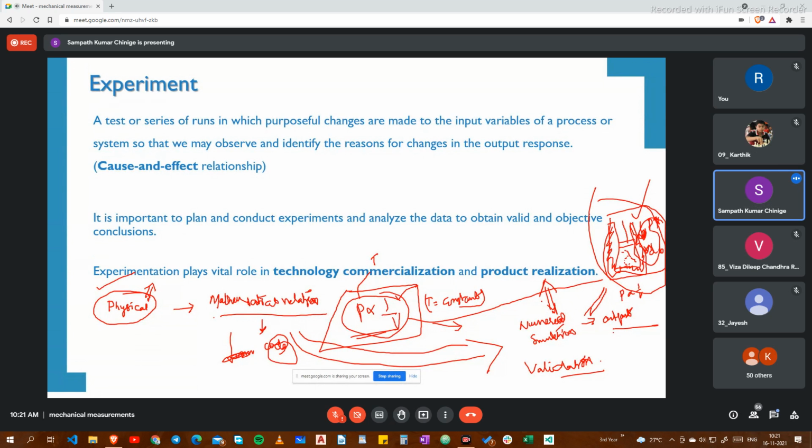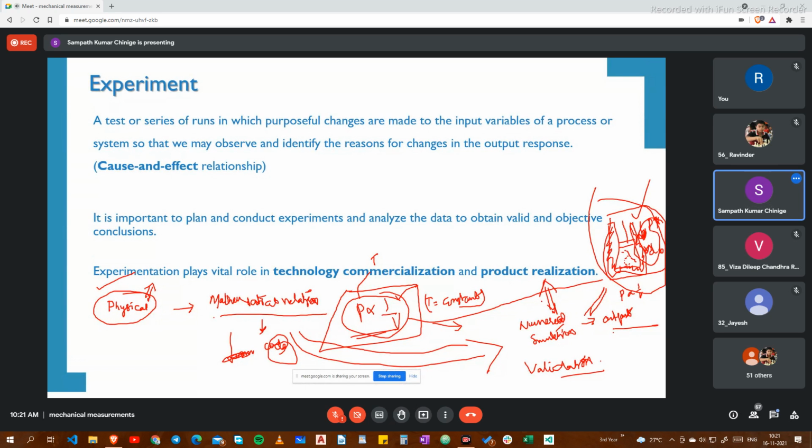If another person gives a different meshing or different discretization of the schemes, your results will differ. So how do you ensure that it is giving correct results? For that also you need to have experiments.